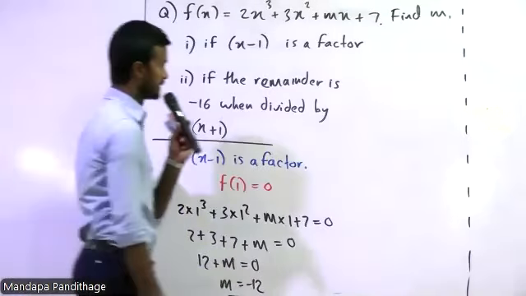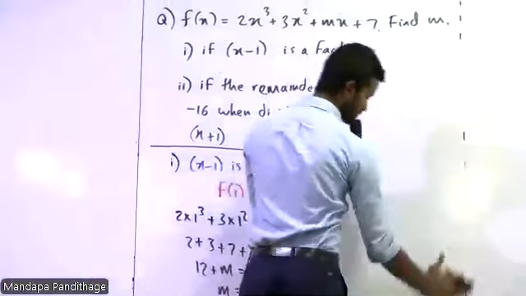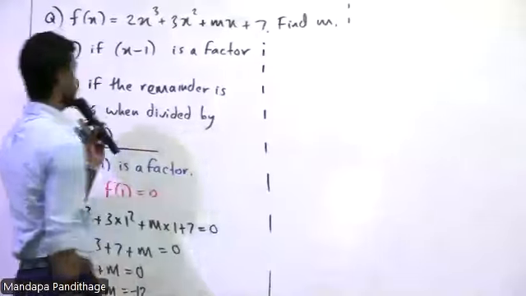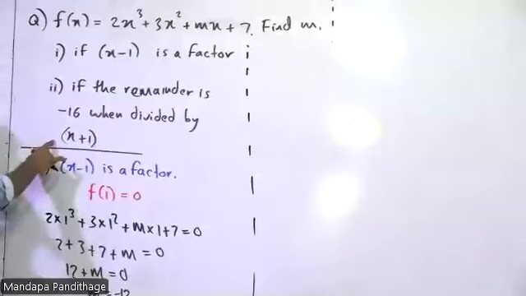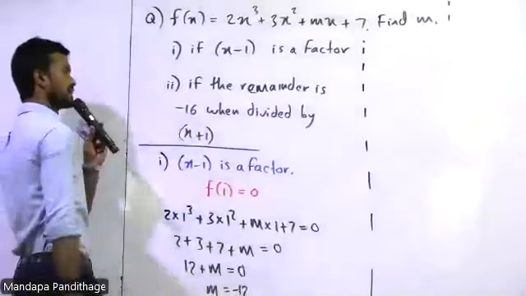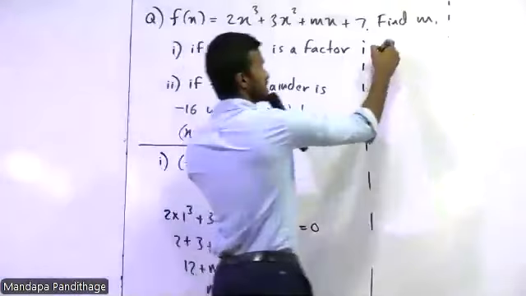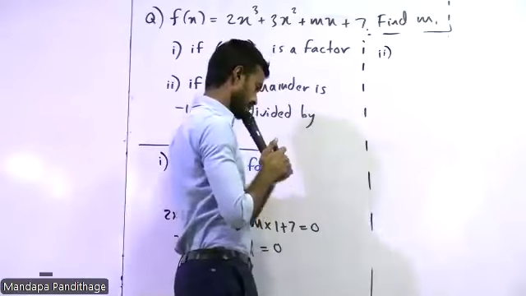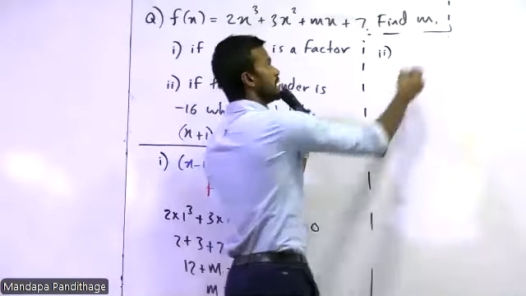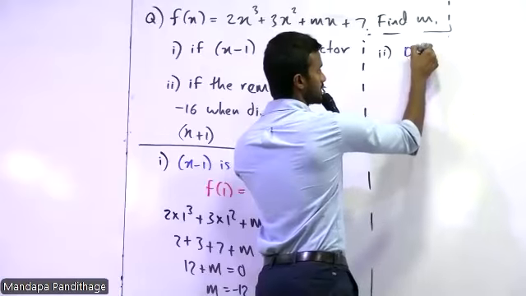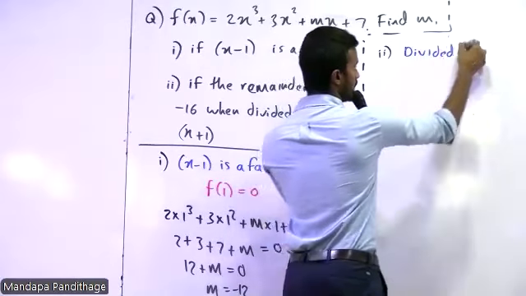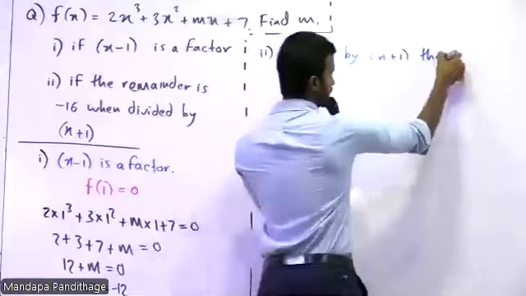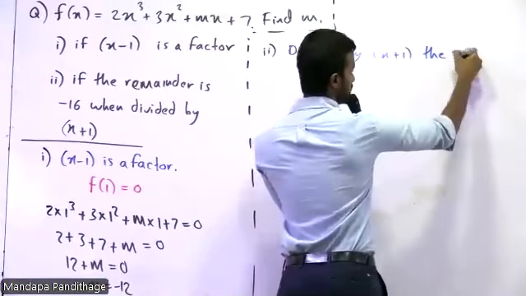Okay, second one. For question number 2, they have given that when I divide this by x plus 1, the remainder is minus 16. So what is the second data? When divided by x plus 1, the remainder is minus 16.